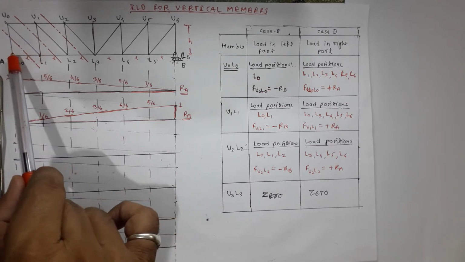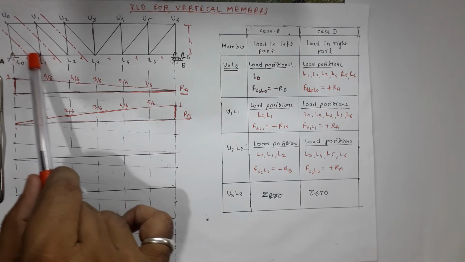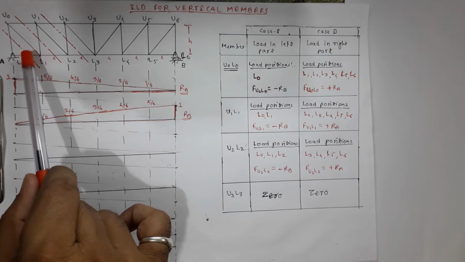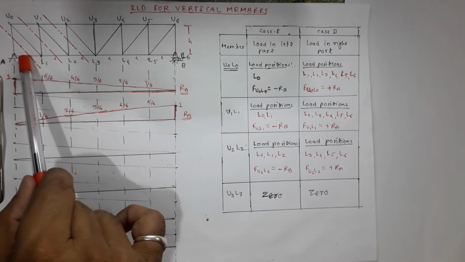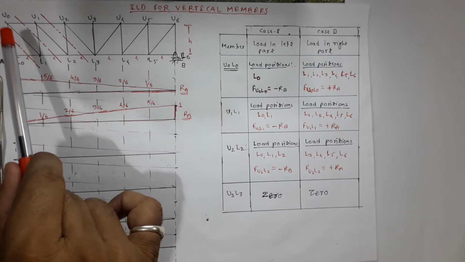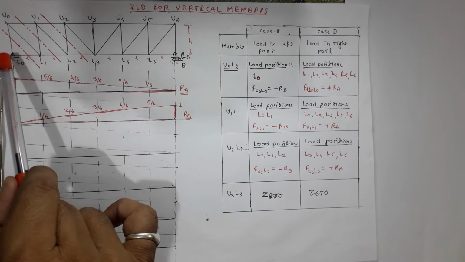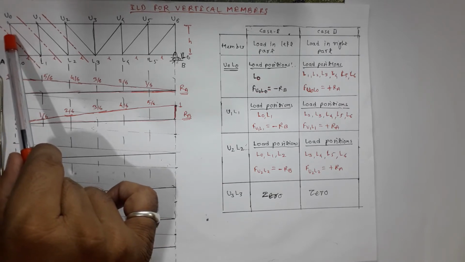But the salient feature of this member is that it is a horizontal member. As it is a horizontal member, it is going to have a force in it which is going to be horizontal, whereas each and every vertical member will be having a vertical force only. So this horizontal force will not affect the force in this member, isn't it?